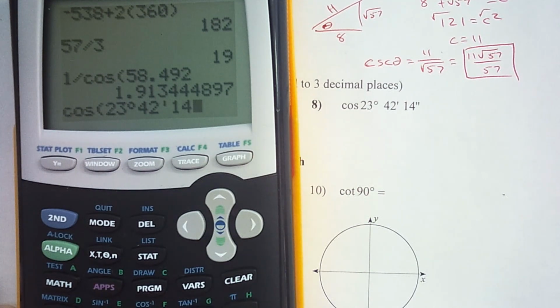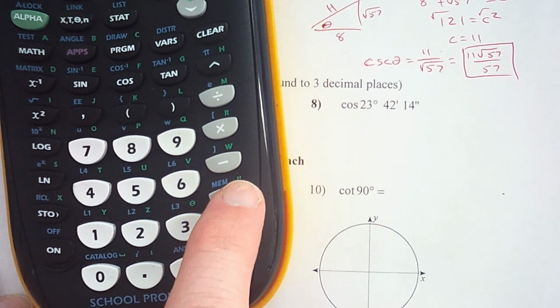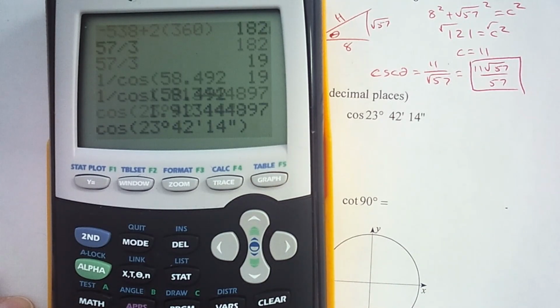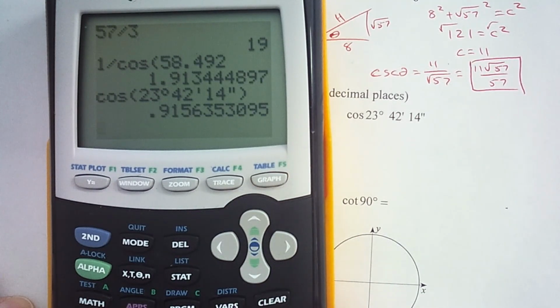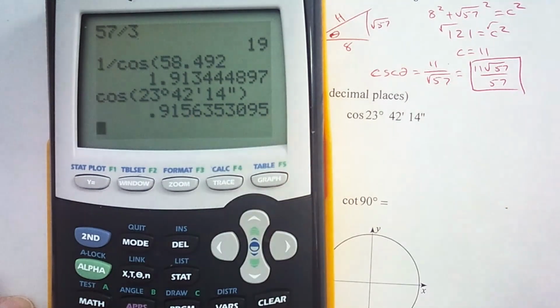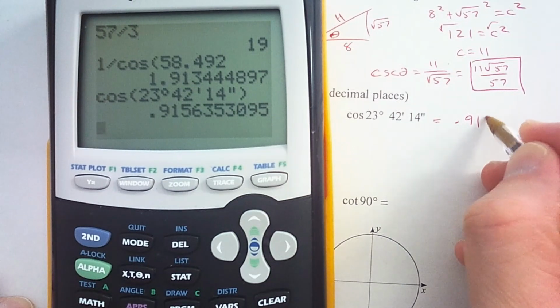And then 14 seconds, and seconds is alpha, and then plus has the 2 tick marks there, so that is seconds. Okay, so I get 0.915, and then the 6, that's big enough to bump that up, so it's 0.916.